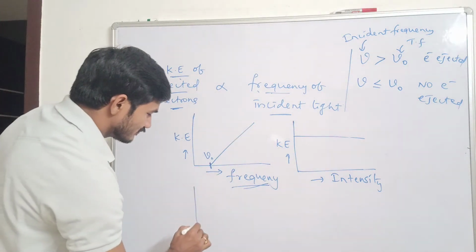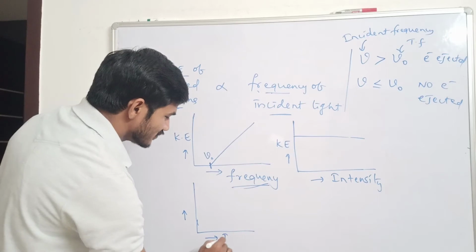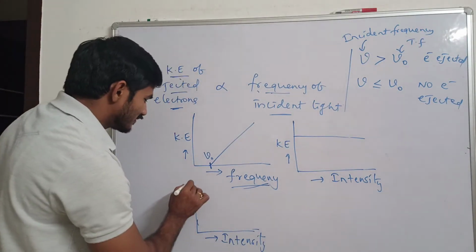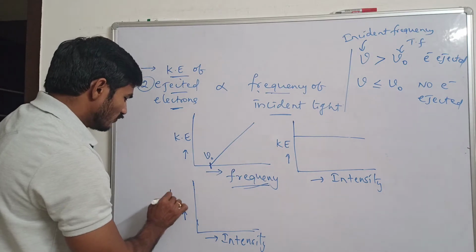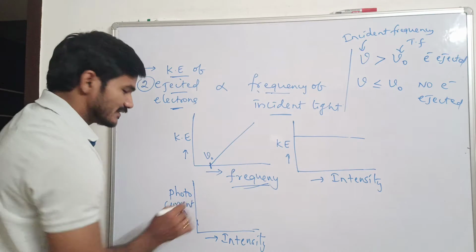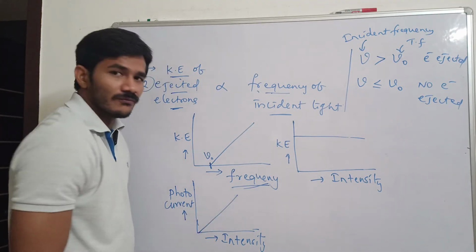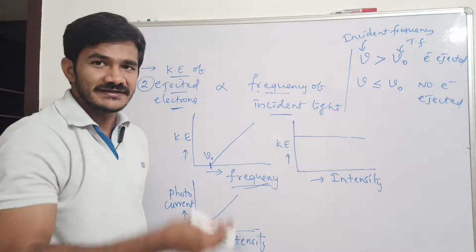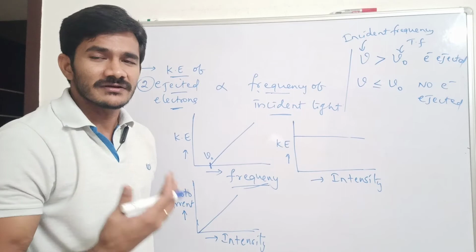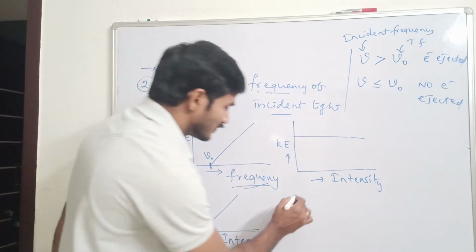If I take intensity of incident light versus photoelectrons or photocurrent, if intensity is more, more photoelectrons are ejected. Whenever the intensity of incident light is more, more electrons are ejected and more photocurrent passes through the circuit. That's why it increases linearly.